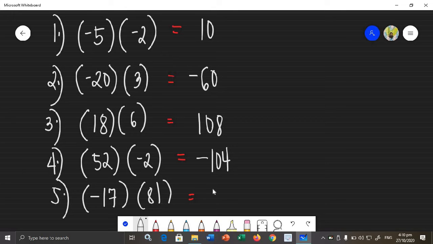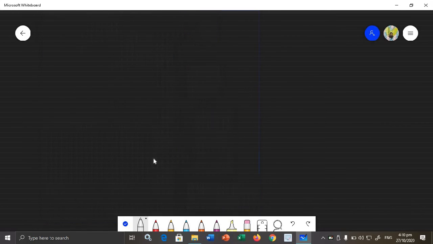They have different signs, so the product is negative. 17 times 81 is 1,377. The product of example number 5 is negative 1,377, because the given have different signs. So let's try to solve more examples.